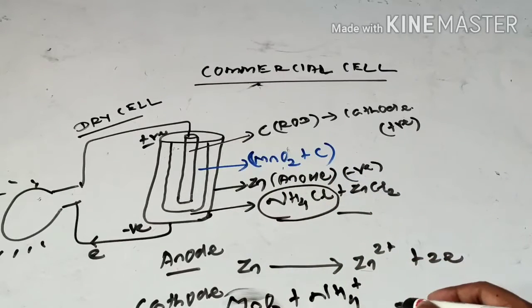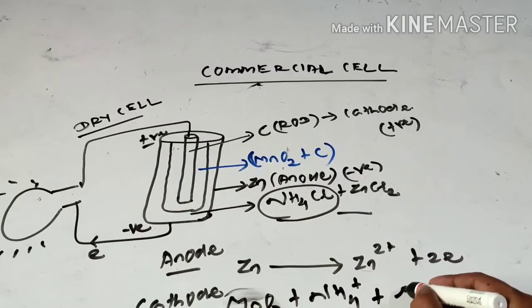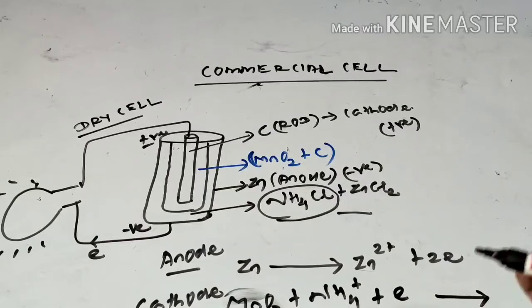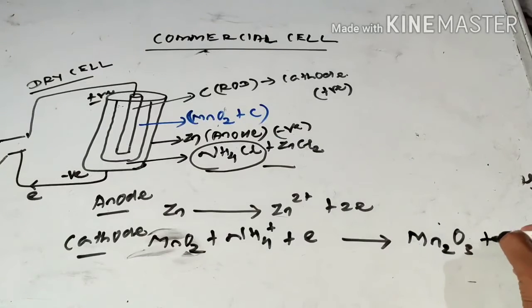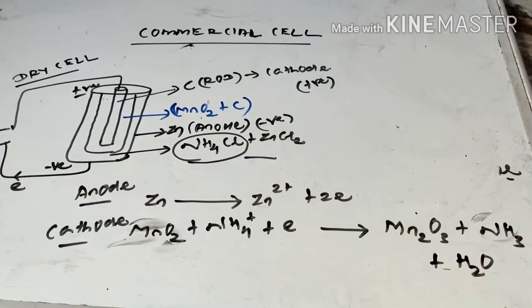It reacts with ammonium by taking the electron and is converted to Mn2O3 with the release of ammonia gas and water.